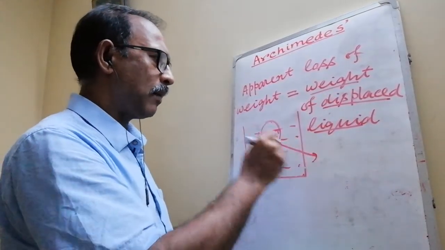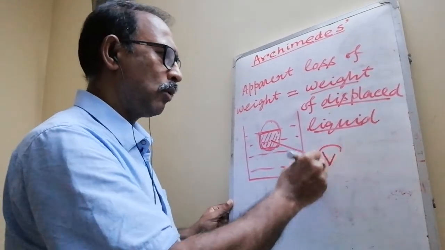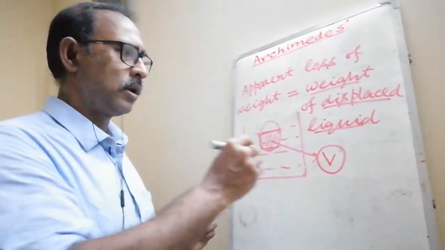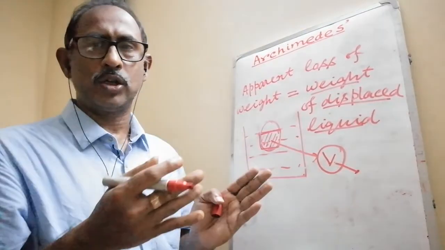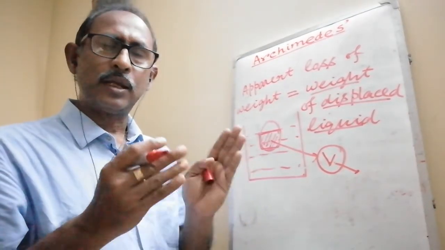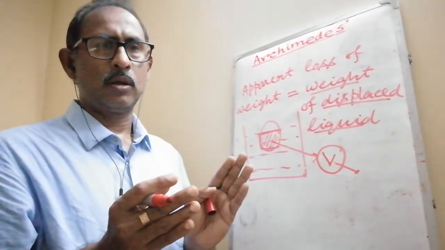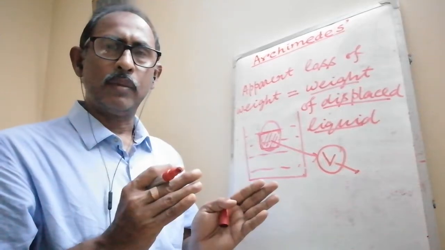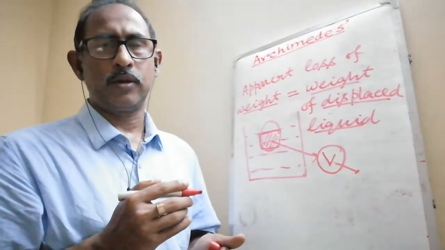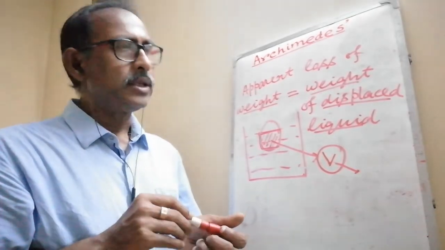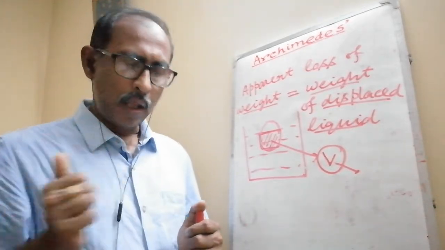It displaces some amount of liquid. Say this is the volume of the displaced liquid. This displaced liquid has its weight. That weight of the displaced liquid is the same as the weight loss of the immersed object. This is Archimedes' principle.